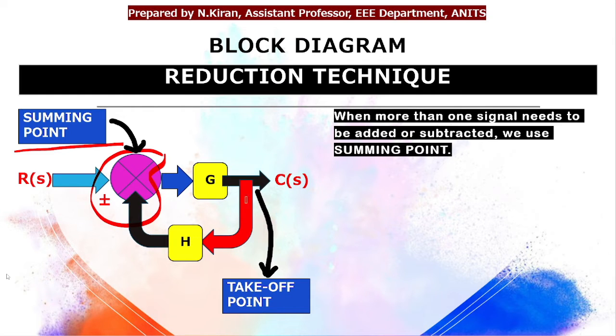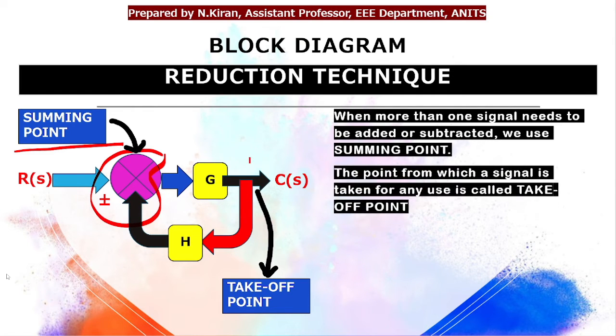Next, the takeoff point is generally used where we want to take any signal for any practical use. As shown in that diagram, this is the point where I am taking a feedback from the output. This point we call a takeoff point. Next is the forward path.